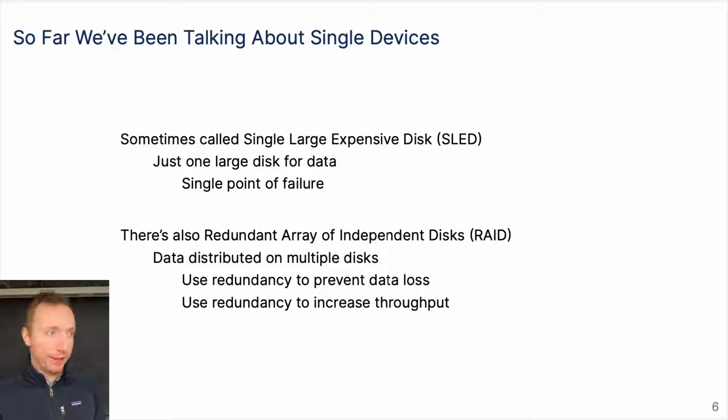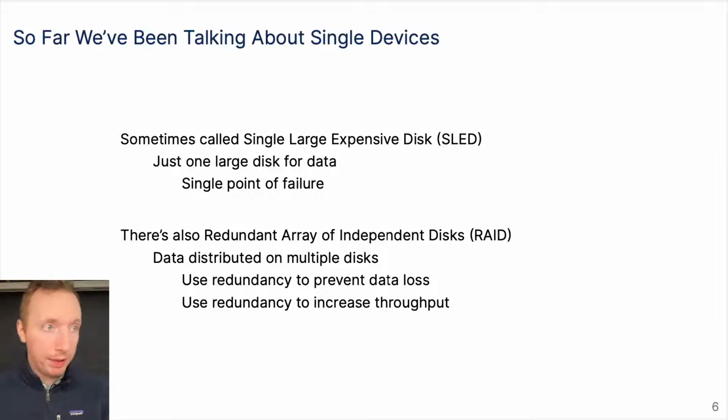So the naive thing to do again is if I run out of space for all my files, well, I just go buy another hard drive and transfer everything to the new hard drive and just start using that. But the drawback of that, one, it's going to be slightly expensive as you try and get more density. And also, it is a single point of failure. So if that disk dies, then all your data is gone.